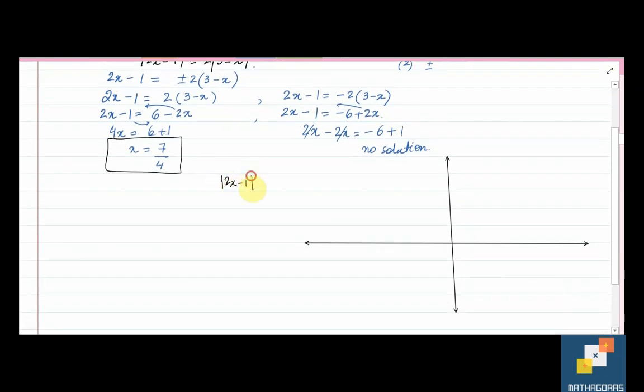Now in the last class we discussed what the important points are, and if you forget, I am telling you, the first thing you need to find is the vertex. By vertex I mean the point where the modulus function equals 0. So 2x minus 1 is equal to 0 at x is equal to 1 divided by 2.